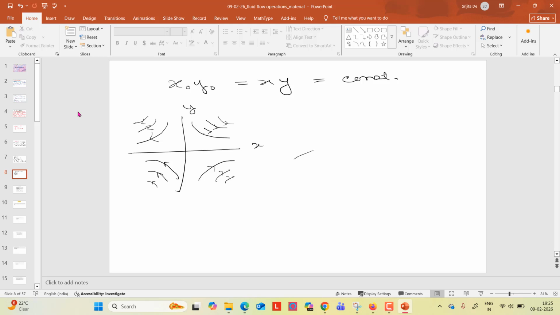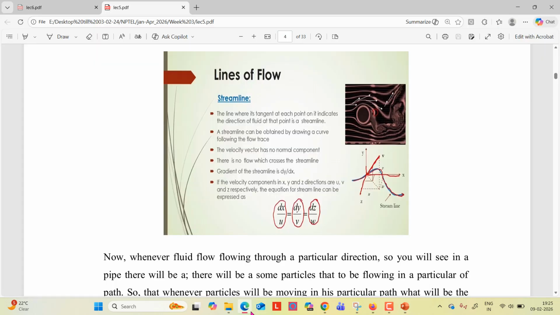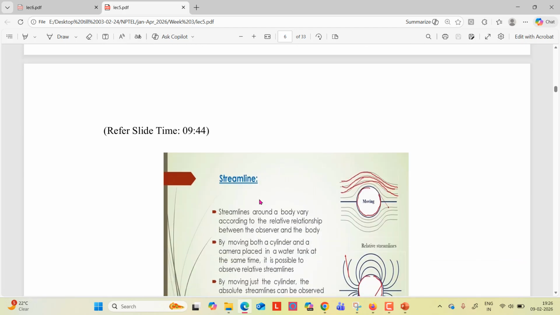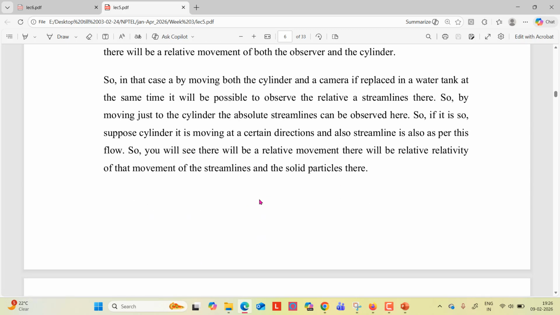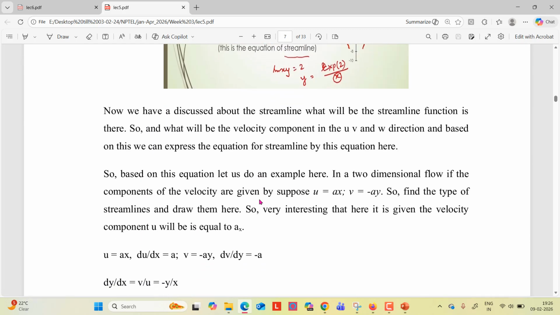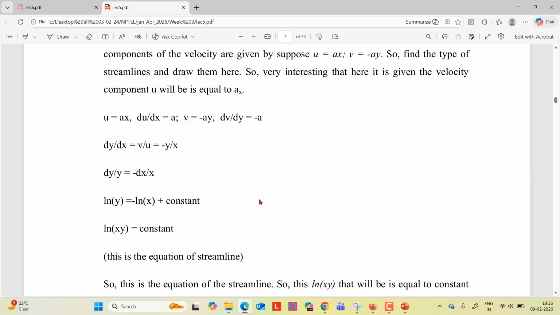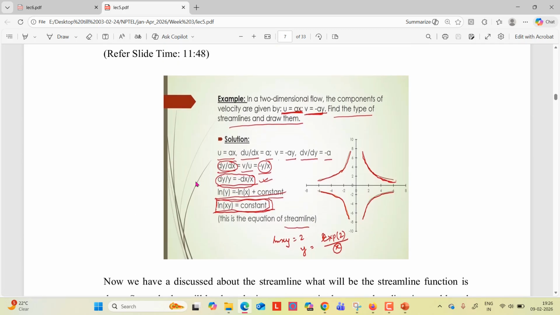This is your streamline profile, right? So this is the tangential component of the velocity vector. So this is what is done here. This is called our streamline. So we'll do some examples.